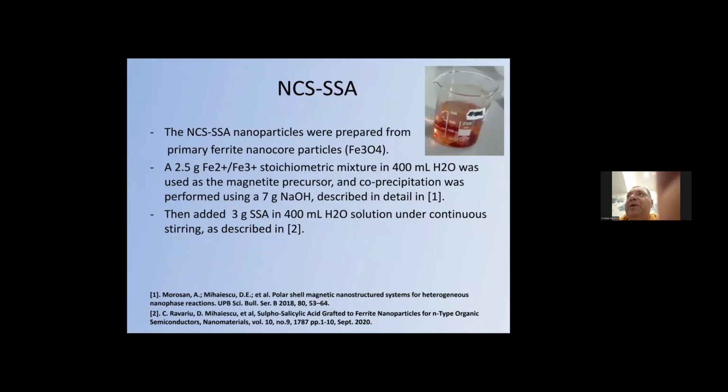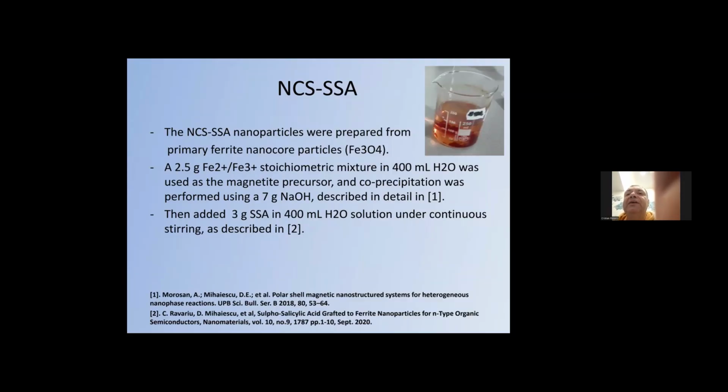When I say we, I am a microelectronist and I worked together on this synthesis with a colleague, another professor from the organic chemistry department. And here we work together.